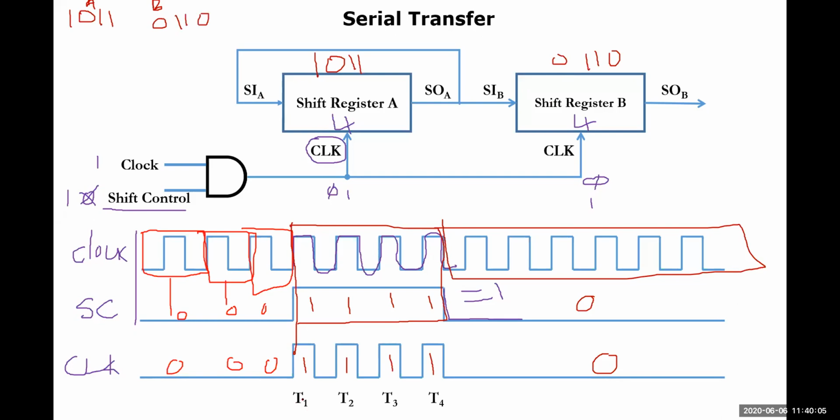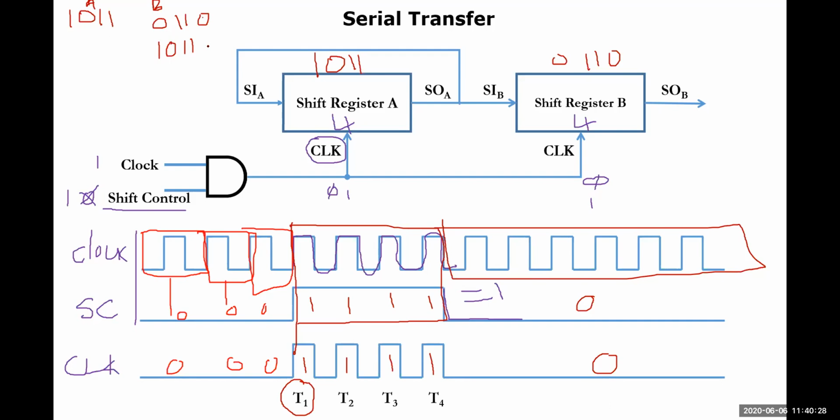Now at T1, this bit will be moved to B, and this bit will vanish. This bit will no longer be available here, and this bit will be moved towards the next place, and this bit will vanish.